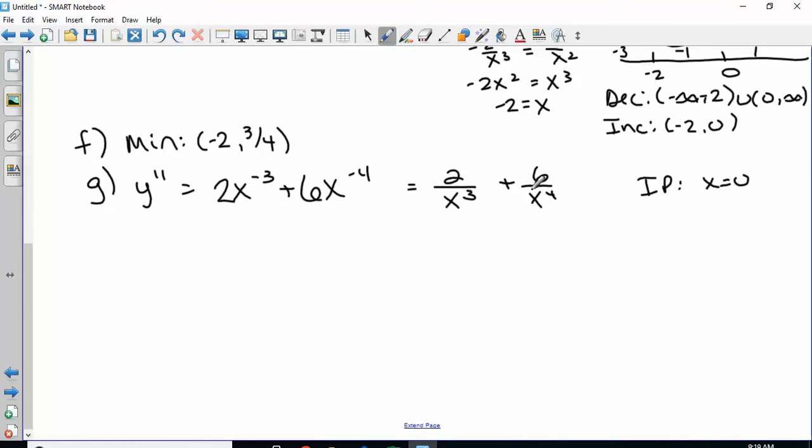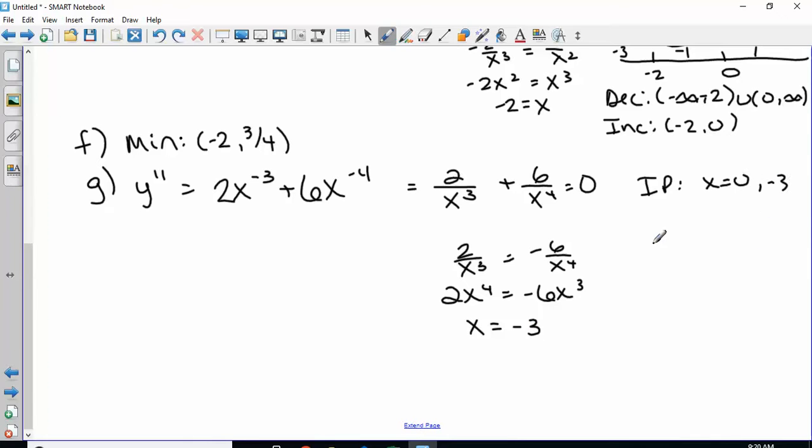So my inflection points, we have to worry about when it's undefined, which is when x is 0. We have to also figure out when this thing equals 0. So if you cross multiply, let's divide by 2x cubed. So that'll give me an x equals negative 3.